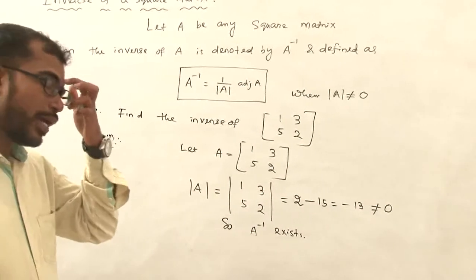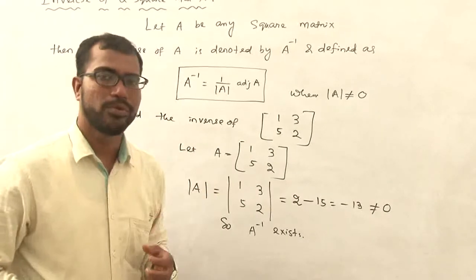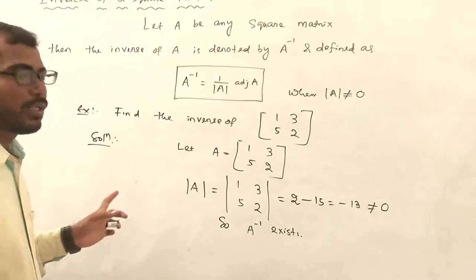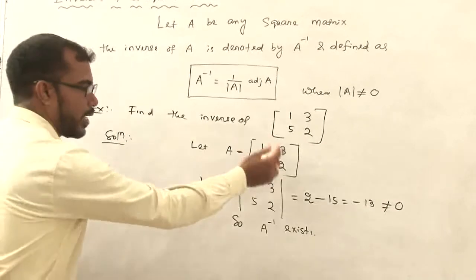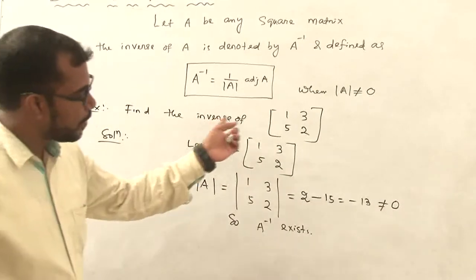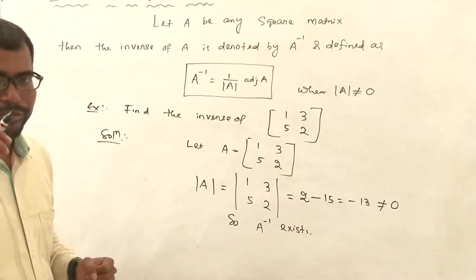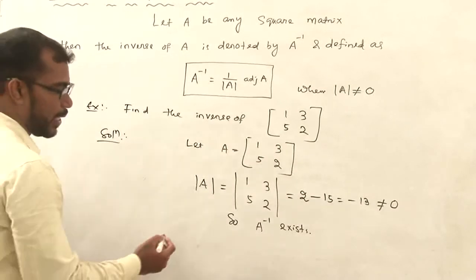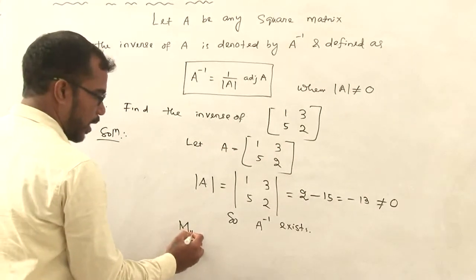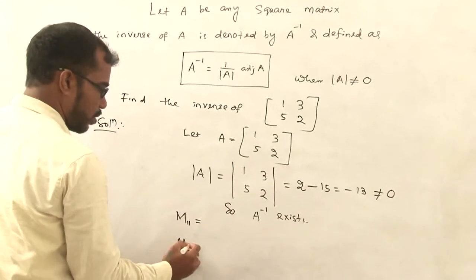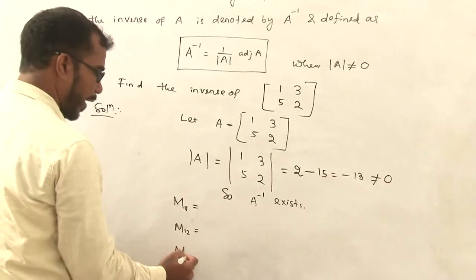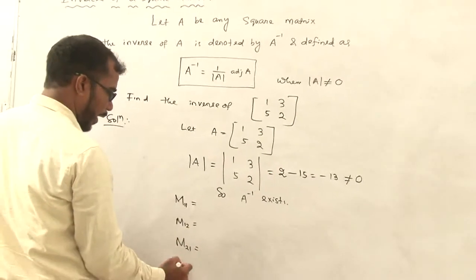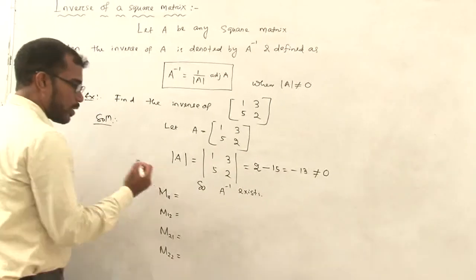To find the adjoint of A, first we have to find the minors and then the cofactors. As you see, the number of elements is 4, so there are 4 minors. Here we write M11, M12, M21 and M22, the positions of these elements.